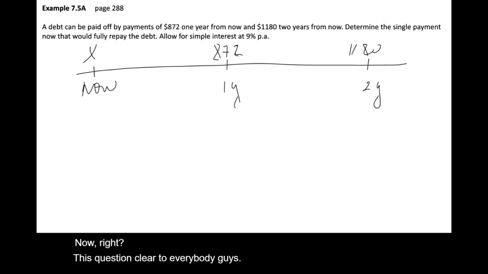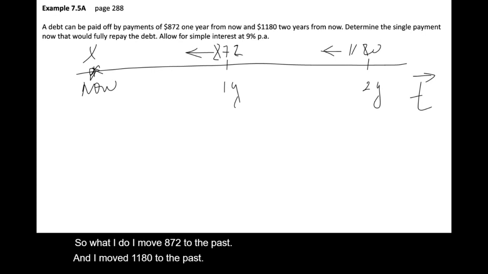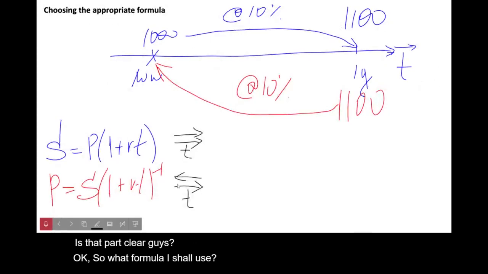Okay. So time flies from left to right. So I need money now. So what do I do? I move 872 to the past and I move 1,180 to the past. Is that part clear, guys? Okay, so what formula shall I use?